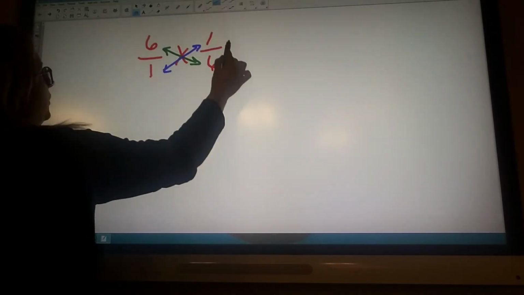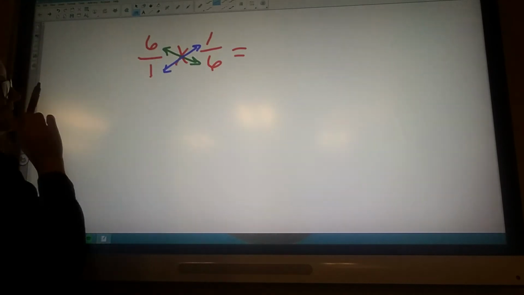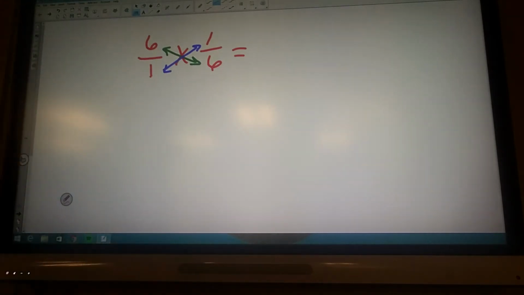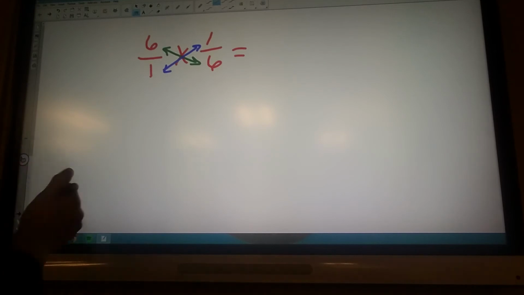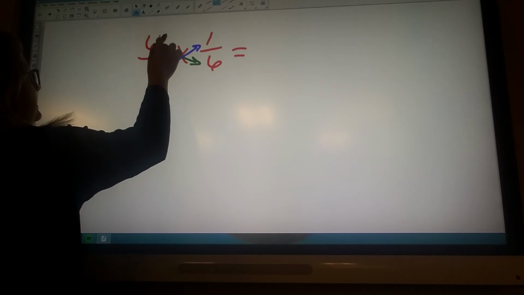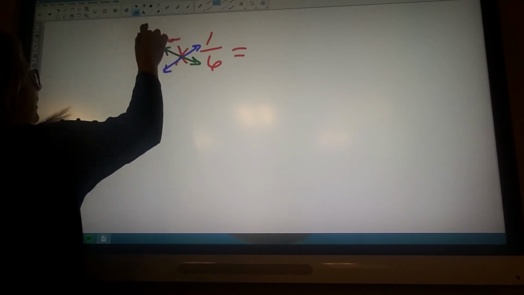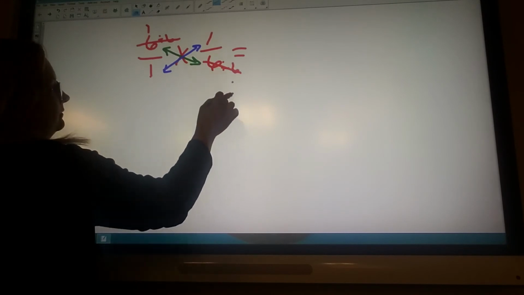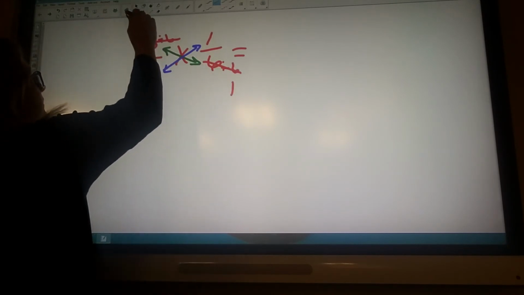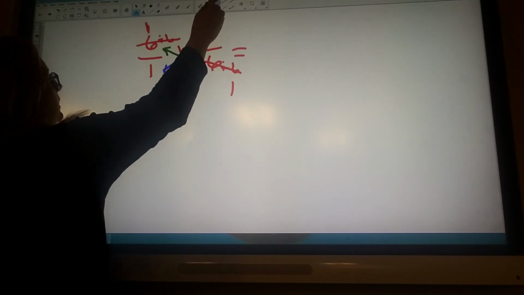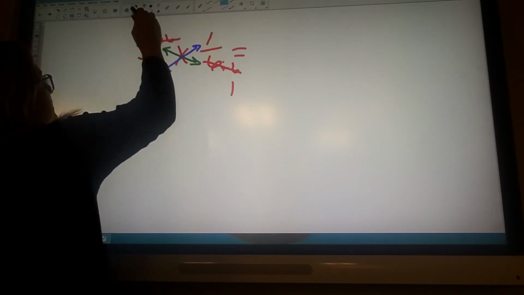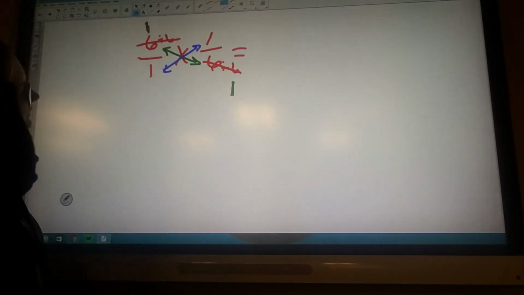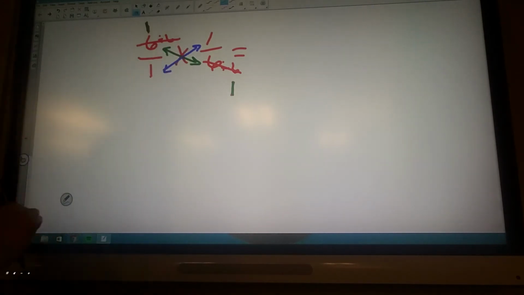Okay, so if I start with the green line, 6 and 6. Is there something that goes into both of those? Yes, 6. So if I divide 6 by 6, I get 1. If I divide 6 by 6, I get another 1. So let's write those in green, so we know that goes with our cross-canceling. Okay, 1 and 1, we can't reduce those anymore because 1 is the smallest it can be.